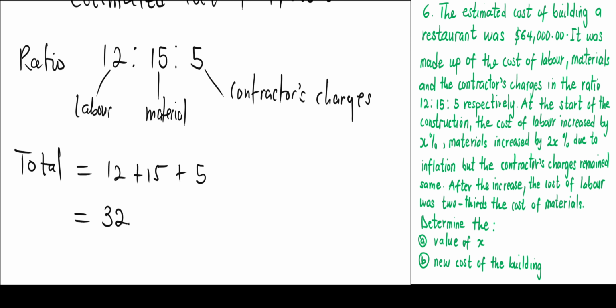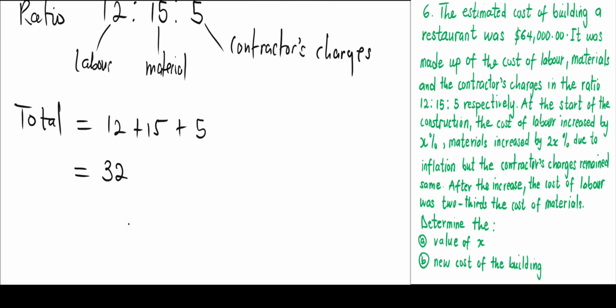This is the sum of the numbers in the given ratio. We have to use this to determine the share that each component will be getting. So we have to know the amount that the labor will get out of the 64,000 that was estimated, the cost that will go into materials, and the part that will also go into the contractors' charges.